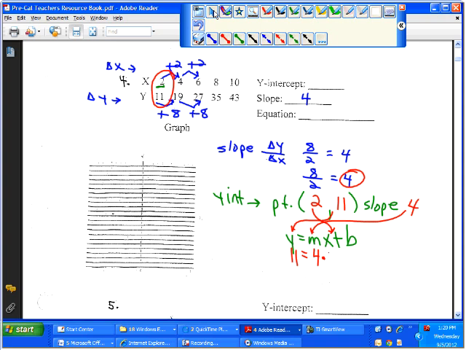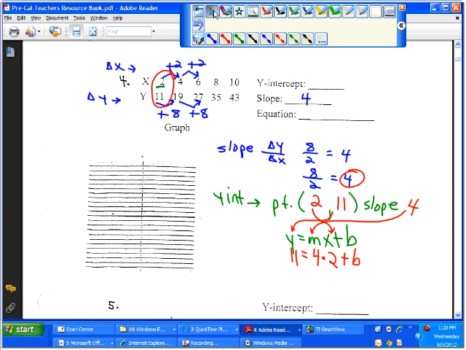The x in place of x, 2, plus b. So we got that? So the only variable left is b, which is the y-intercept, so we can solve for that. Okay? Yes, the 2 went in place of the x.